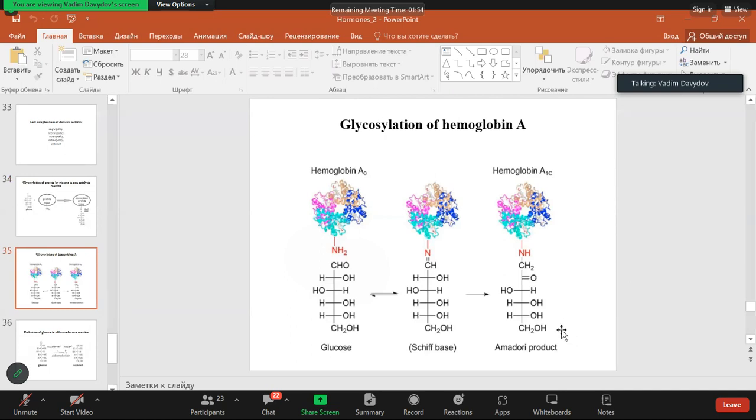On the other side, accumulation of this kind of hemoglobin may be used for diagnosis of diabetes mellitus. And in modern times, quantification of glycosylated hemoglobin is used as one of the most specific biochemical tests in the diagnosis of diabetes mellitus.